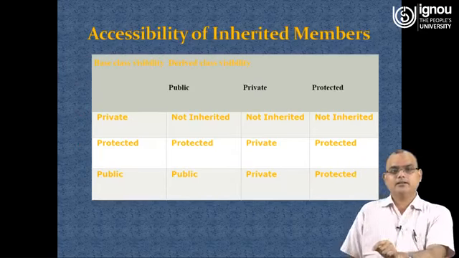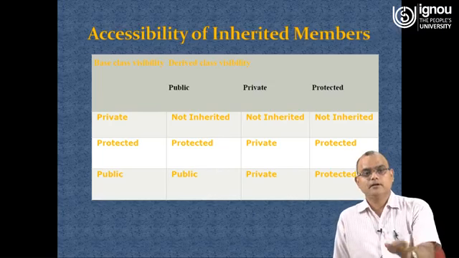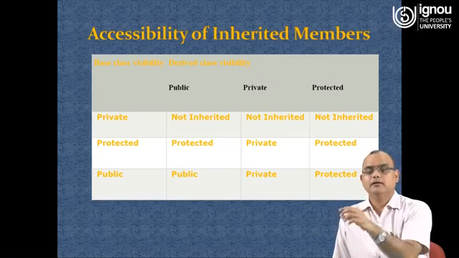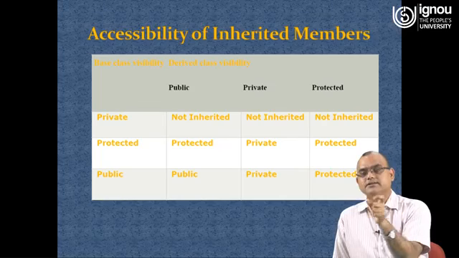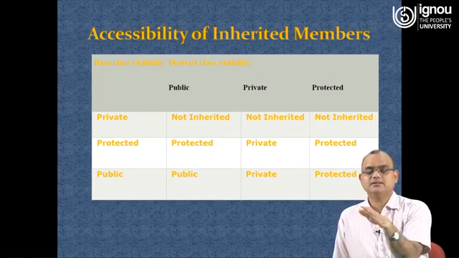Here in this table you can see it is more clearly written: accessibility, private, not inherited, protected. If there is a class B inheriting class A using the public access specifier, then private is not inherited.